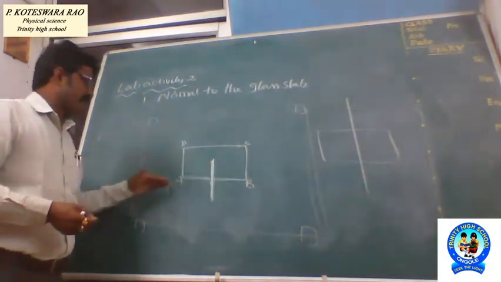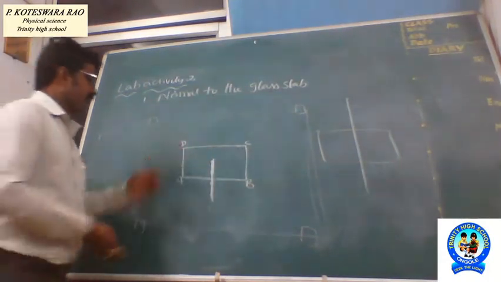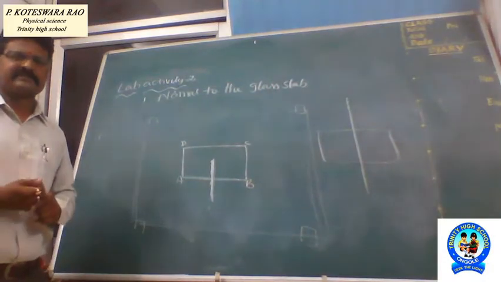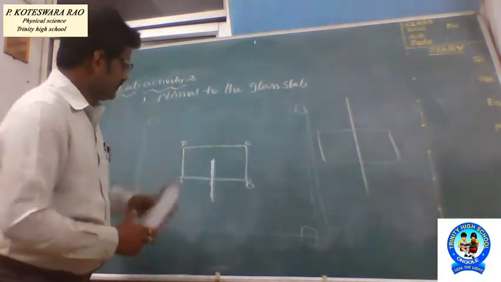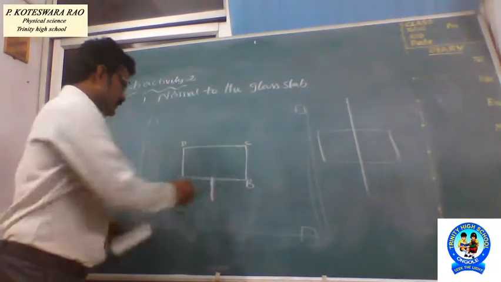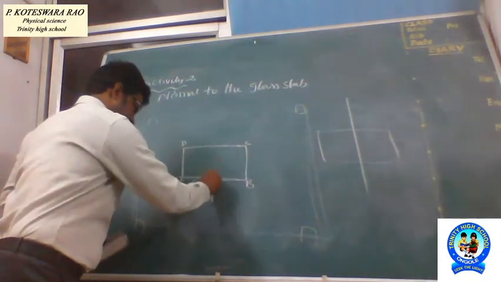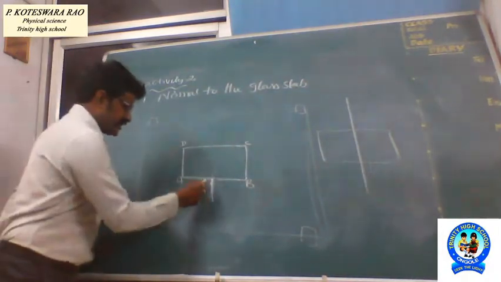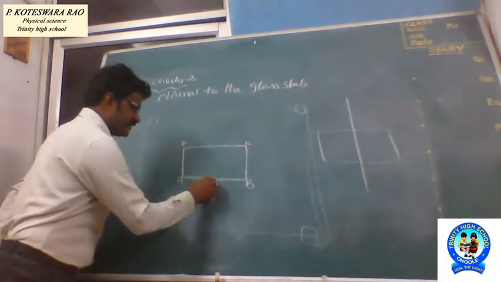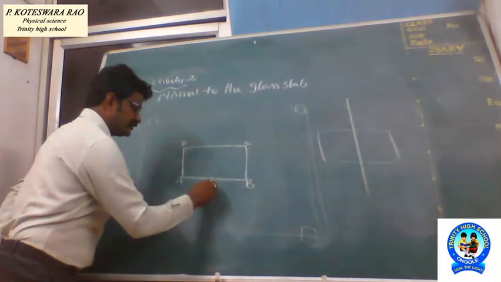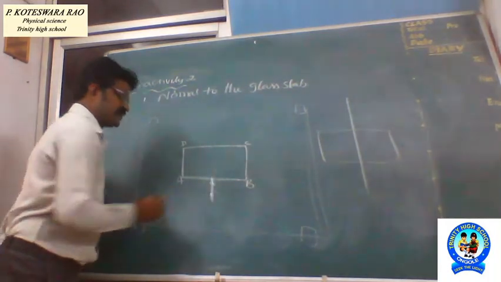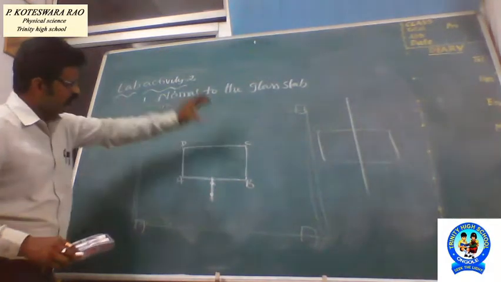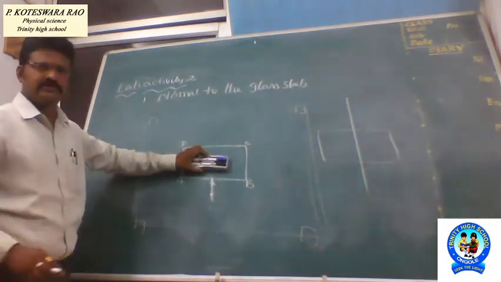Now we take the line AB, and draw one straight line with the help of a scale and pencil. At this position take two pins, and insert these two pins on this line. Then once again place the glass slab here.